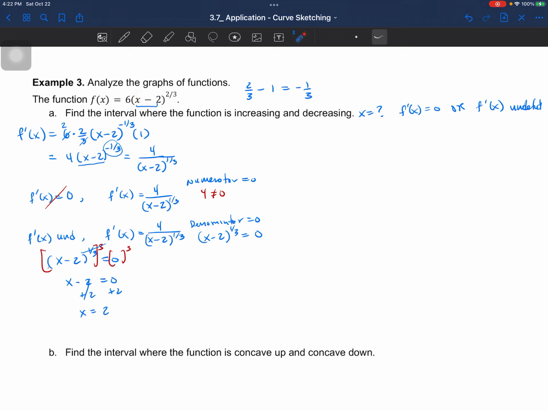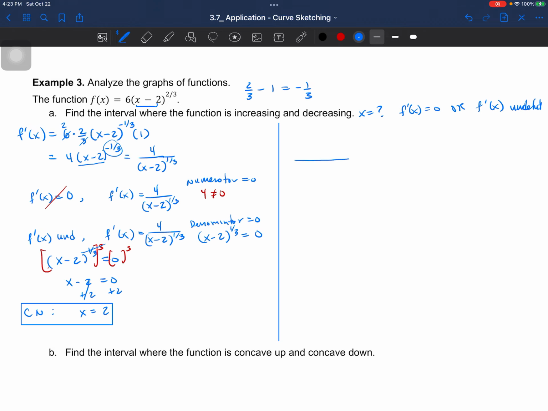And there you go. So we just got to make sure that this is a critical number. Check whether this is a critical number, and it is because it is part of the domain. In other words, if you plug in positive 2 in here, 2 minus 2 gives us 0. 0 to the 2/3 power is still 0. 0 times 6 is 0, which is a real number. So this is in fact a critical number.